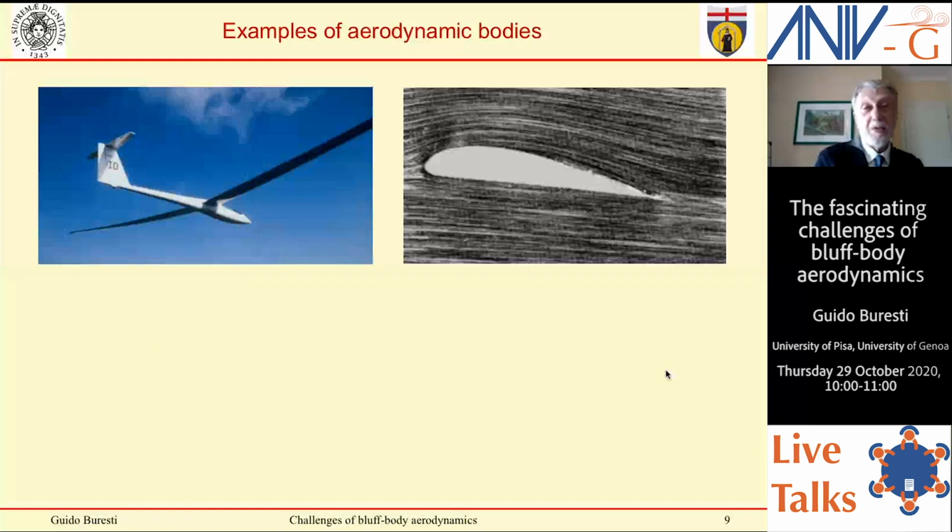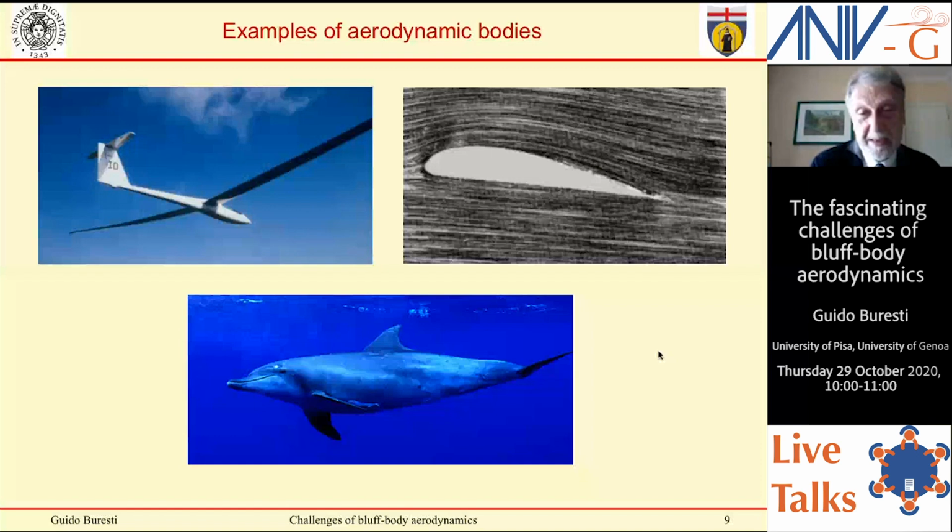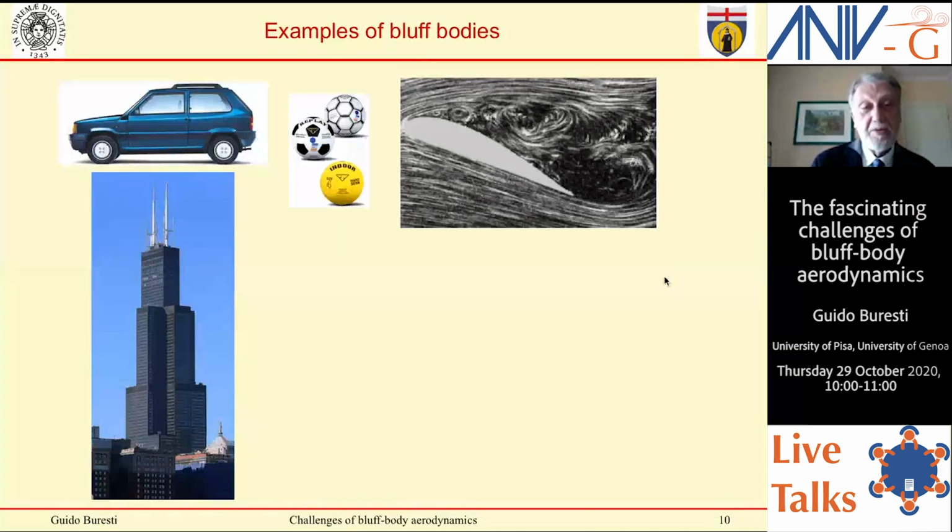Here are examples of aerodynamic bodies, obviously from the aeronautical field, and here is an example from the animal kingdom. This is perhaps the most aerodynamic animal in the world. And these are examples of bluff bodies. And obviously, you see that there are no bodies which are always aerodynamic, because if an airfoil is at a sufficient angle of attack, it becomes a bluff body because the boundary layer separates.